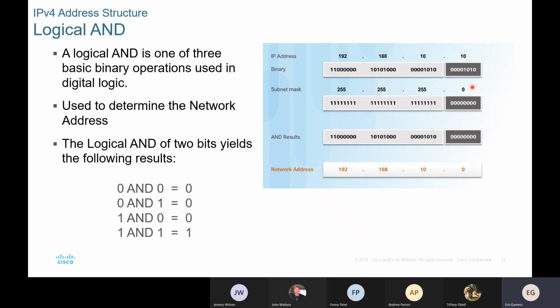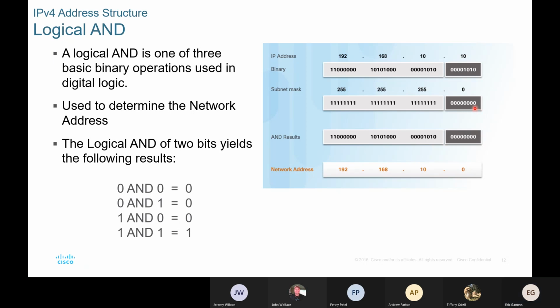The way that you get the network address is that you do the bitwise AND between the IP address and the net mask. So I put the IP address here in binary. I put the net mask in binary. So 255 is eight 1s, 255 is eight 1s, 255 is eight 1s, and 0 is eight 0s in binary. And I'm going to do the bitwise AND.